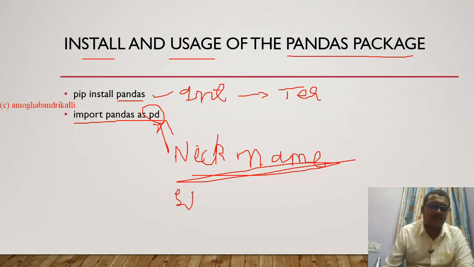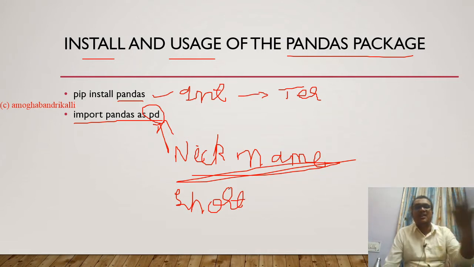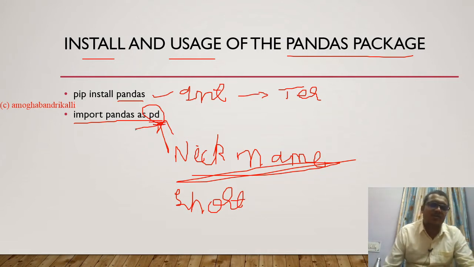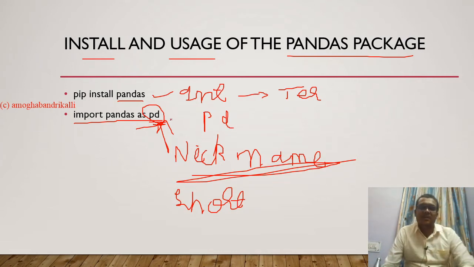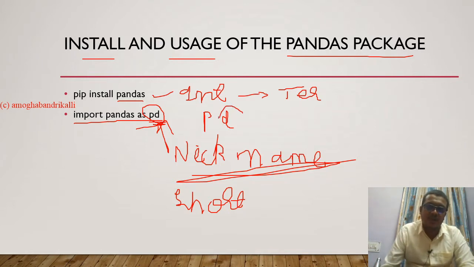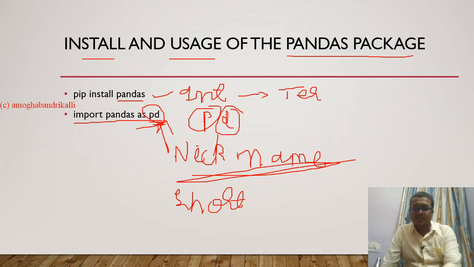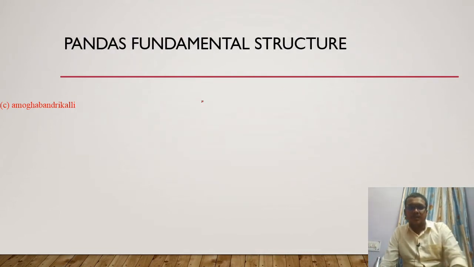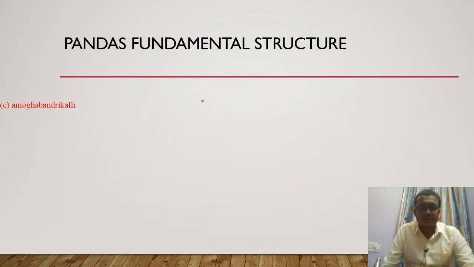Instead of writing pandas fully every time in a program, we use shortcuts. It is not mandatory to use pd itself. You can use only p, you can use only d, anything is feasible. What you have imported with that short name, you need to use those respective names while calling in the program. Okay, let me install this.